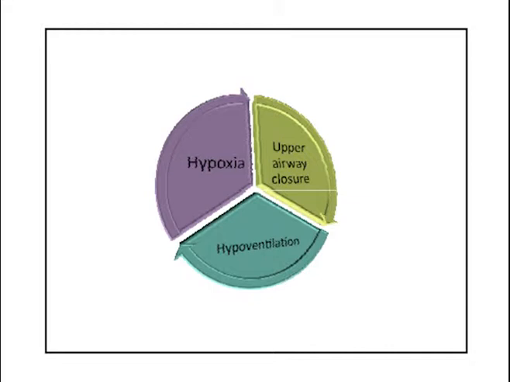So among the 3 here, which one would you need to tackle first? So again, ask the audience, who among you thinks that you should correct first the hypoxia? Adding oxygen, okay? Who do you think should correct first the upper airway closure? Okay? And who do you think should treat first the hyperventilation? Okay? And I agree with the majority, by the way, okay?